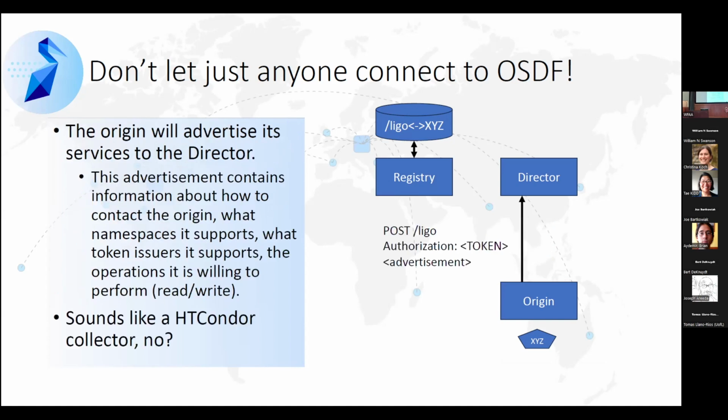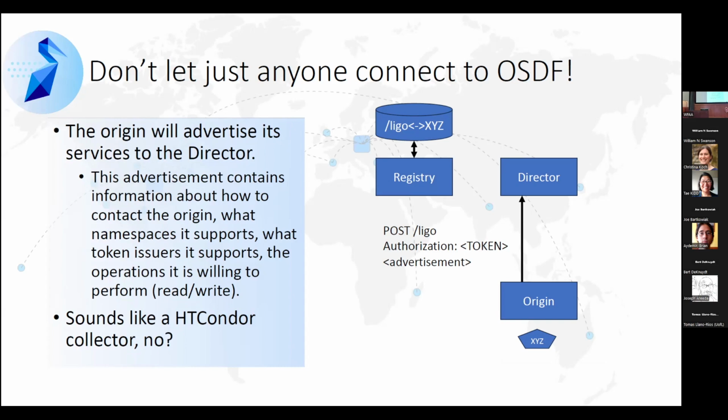Now when the origin comes to the director and says, hey, director, I am the origin, I offer some services. I'd like to serve up the LIGO namespace. Anytime people want LIGO objects, you can come to me. The director says, well, that sounds nice, but prove it. And the way we prove this is the origin, using that private key, signs a small token that says, this is an origin for LIGO, signed public key XYZ.